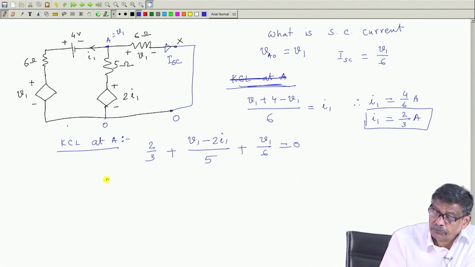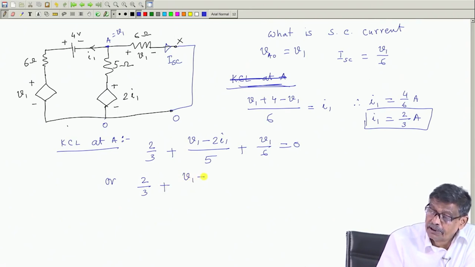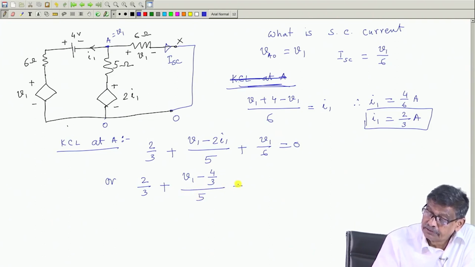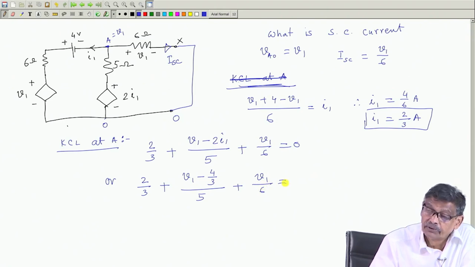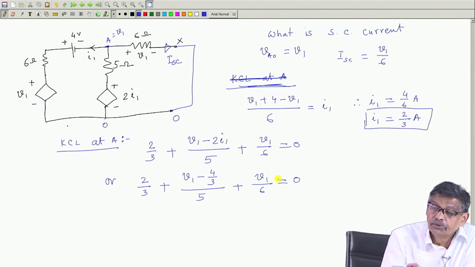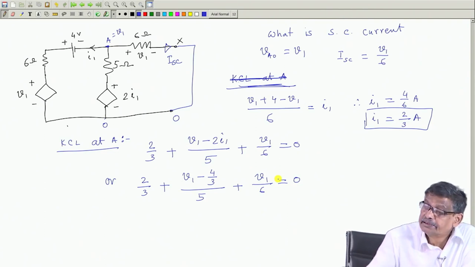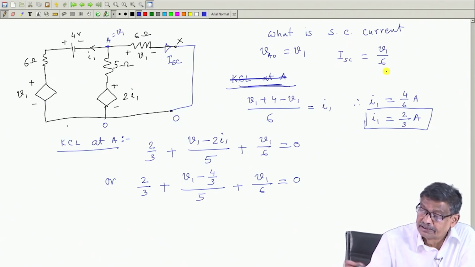So, we write 2 by 3 plus V1 minus 2 I1, that is 4 by 3, by 5, plus V1 by 6 is equal to 0. V1 is to be calculated to find out ISC, because ISC is V1 by 6.